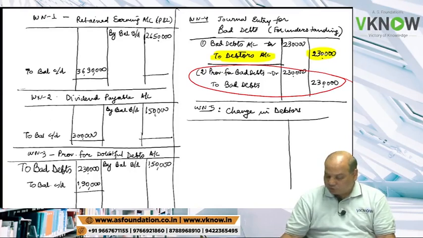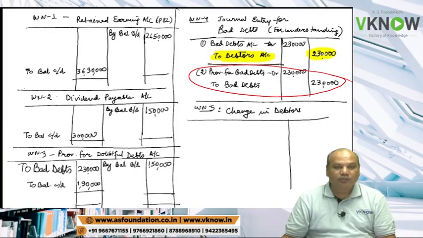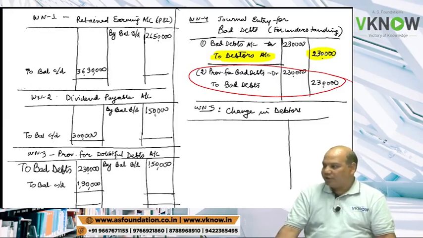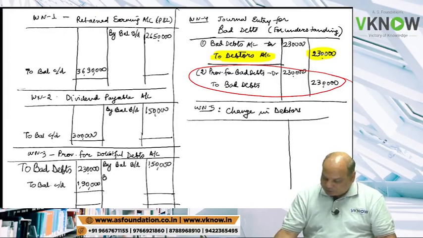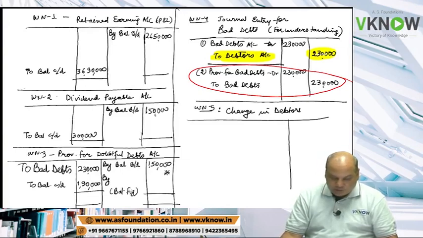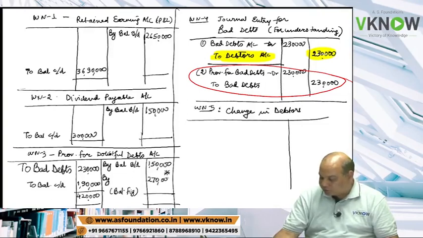Now it is not telling. What is the difference? On the credit side, by balancing figure, tell me the amount. First you take debit side total, 4,20,000 minus 1,50,000. So this is 2,70,000.